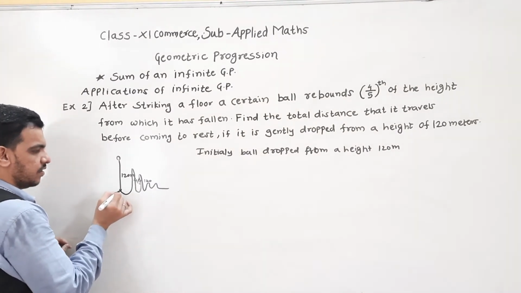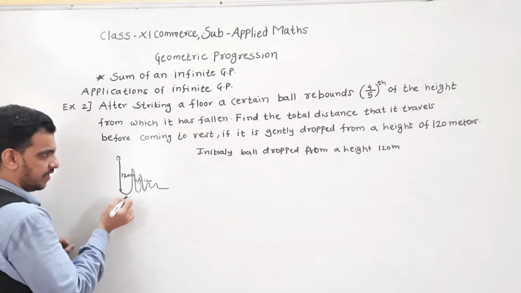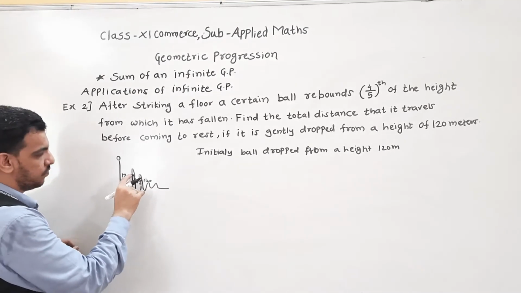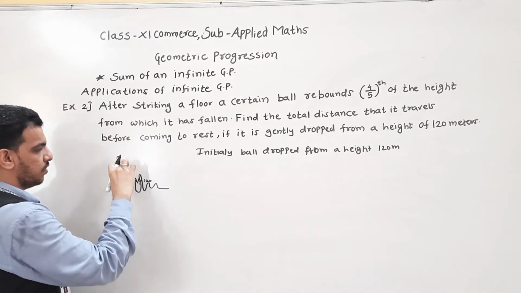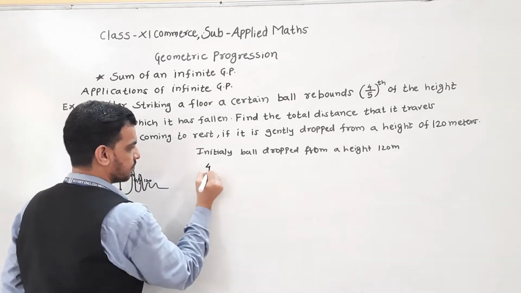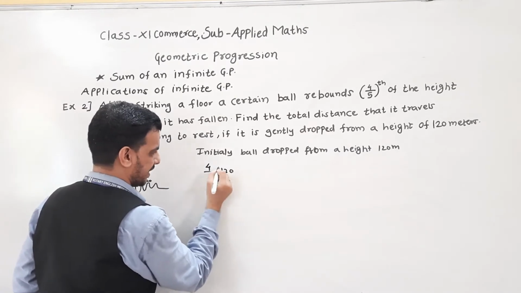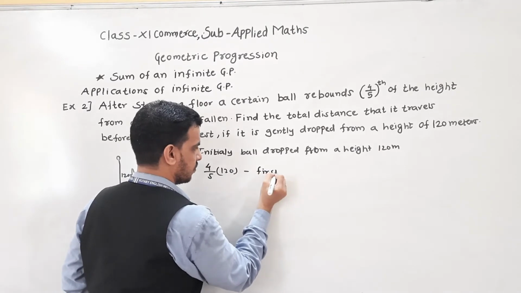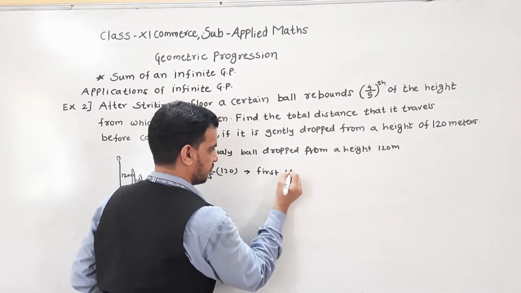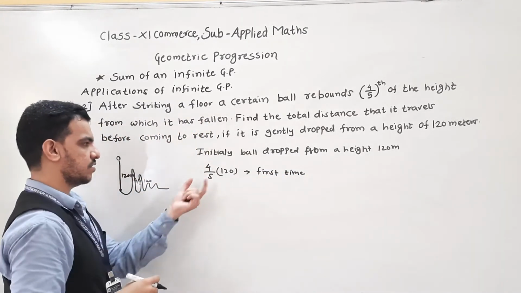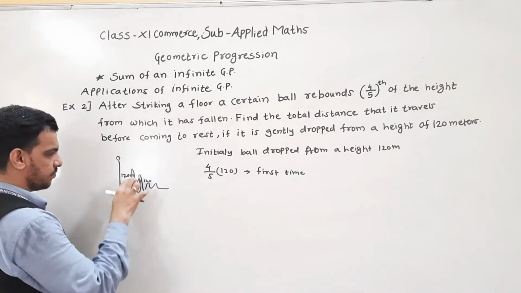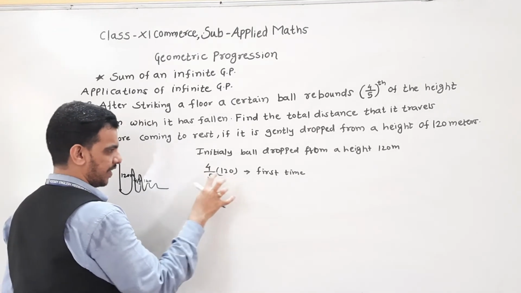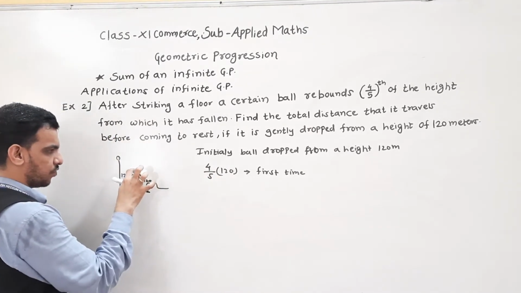It strikes the floor and again rebounds up to a height 4/5 of the original height. So 4/5 of 120. So the first time when it rebounds, it goes up to a height 4/5 of 120 and again falls down from this point.